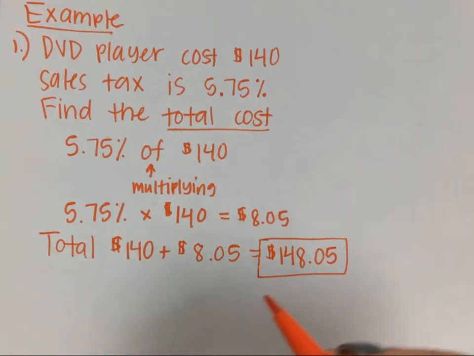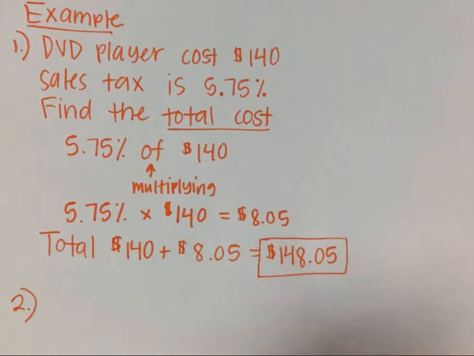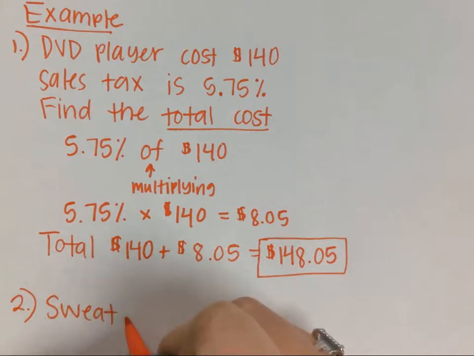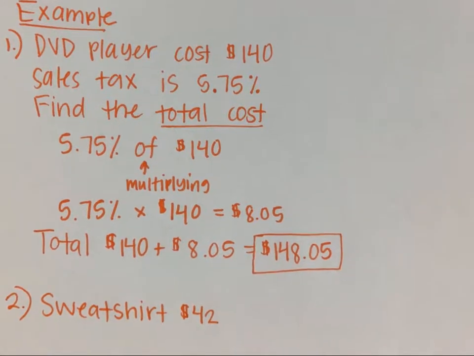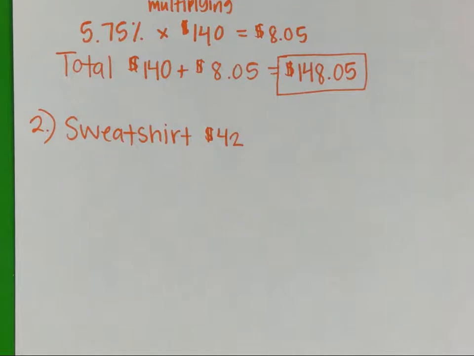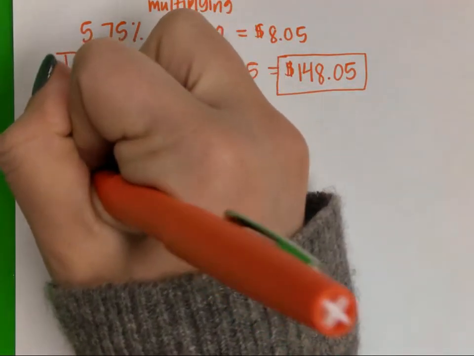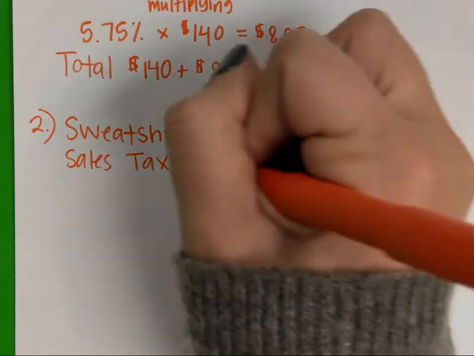Okay, let's look at another example. Say I want to buy a sweatshirt and it costs $42. Pretty expensive sweatshirt. The sales tax for that store is 5.5%.